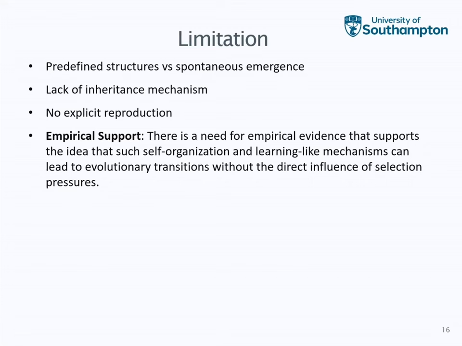There is no inheritance mechanism at the component level, and also no reproduction process at the component level, to say that there is a transition in individuality in the Darwinian sense. That would also mean a transition in level of inheritance and reproduction, and it lacks some empirical support too.